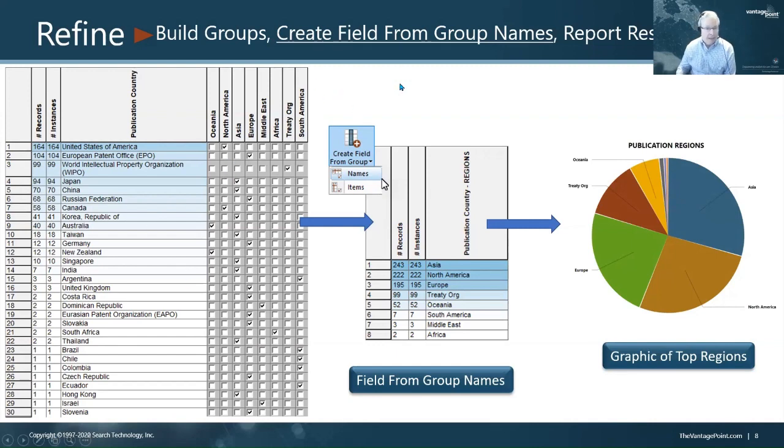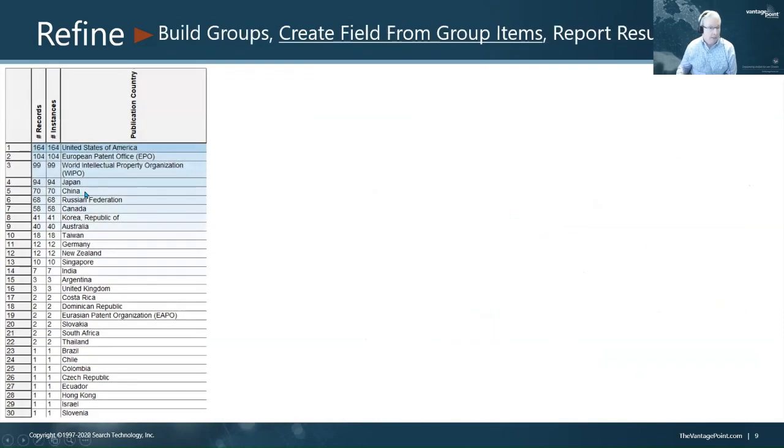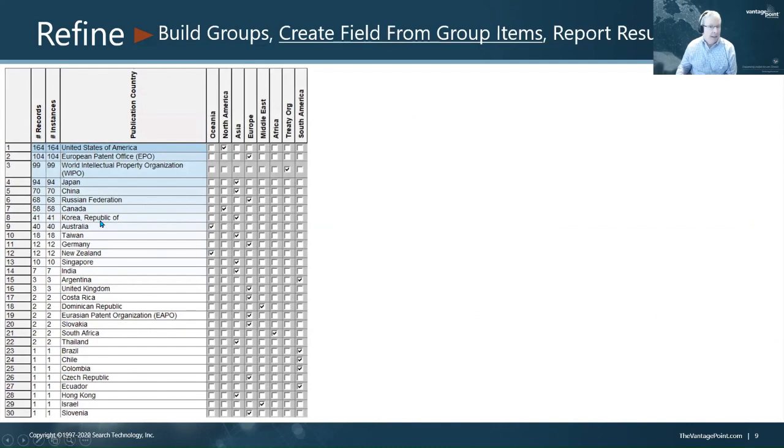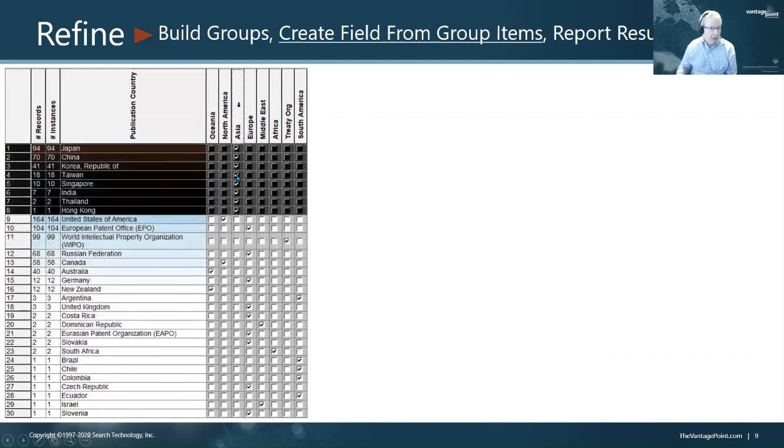What about from the items? Because there's some confusion between grouping based on names and grouping based on items. So let me show you a little bit about grouping from items. Here I have my list again, with my groupings, but I only want to focus, for example, on Asia.